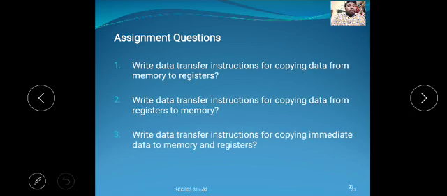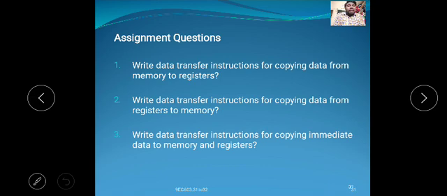Assignment questions. Write data transfer instructions for copying data from memory to registers. The second assignment is: write data transfer instructions for copying data from registers to memory.